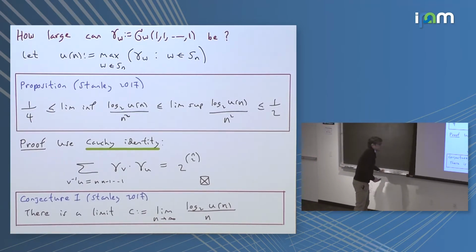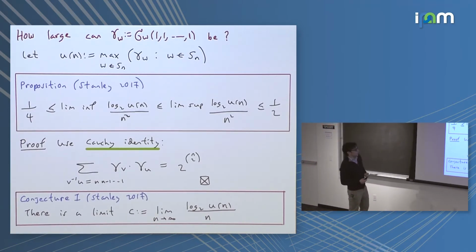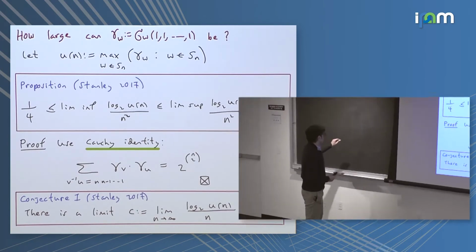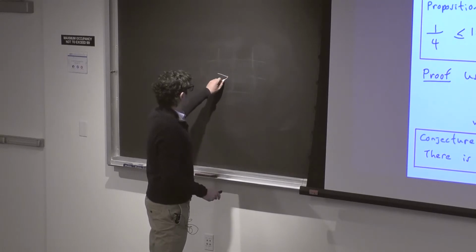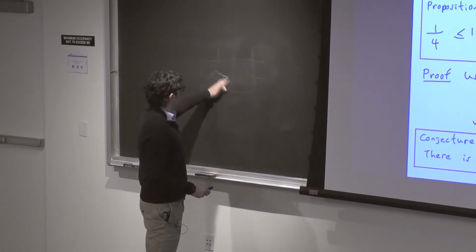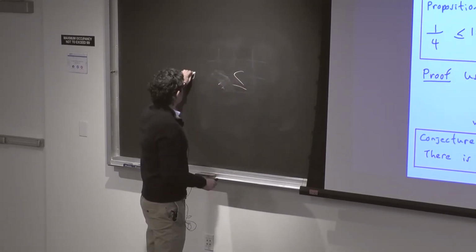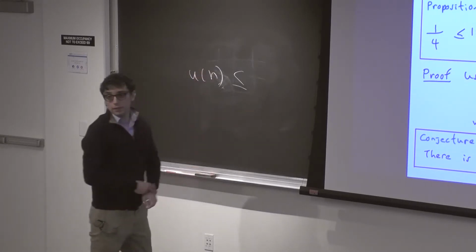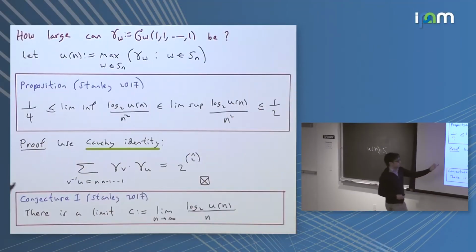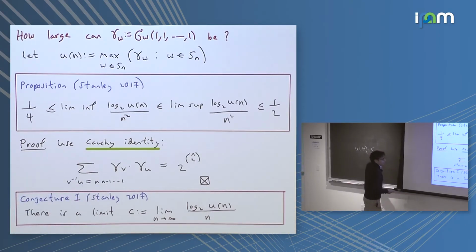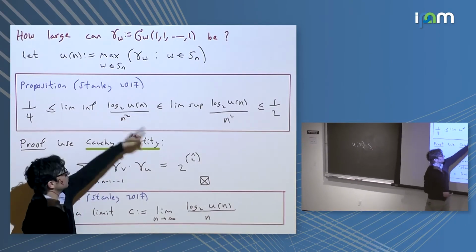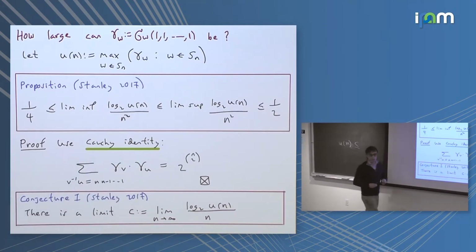So how can you get the result of Stanley? Well, that sum there is bigger than or equal to your maximum, right? And then by taking logarithms and so on, you get the bound of 1/2. Okay, so that's the upper bound.